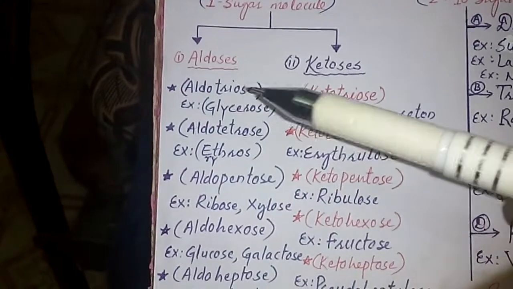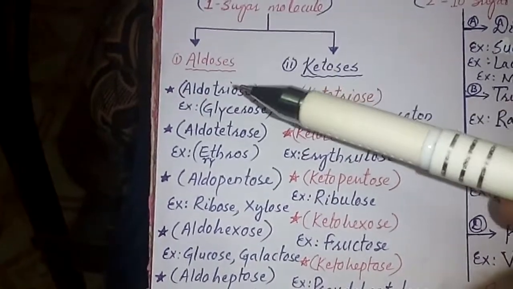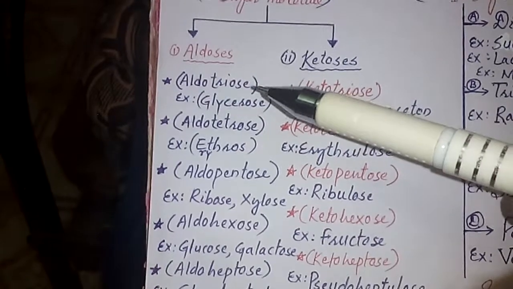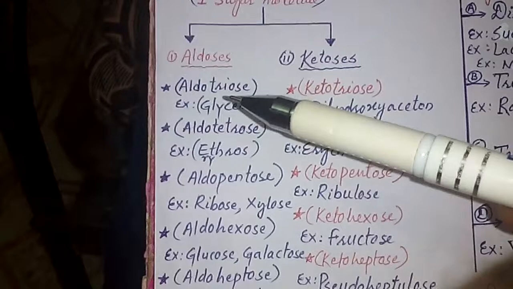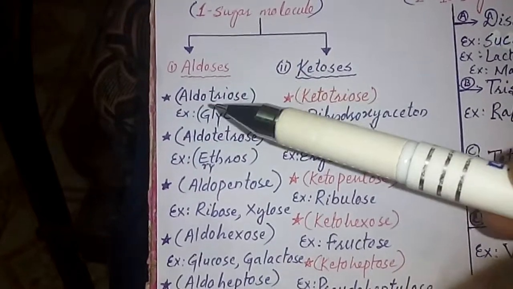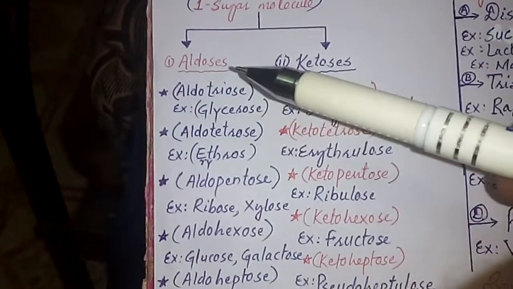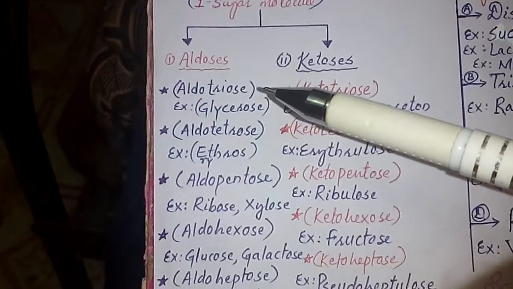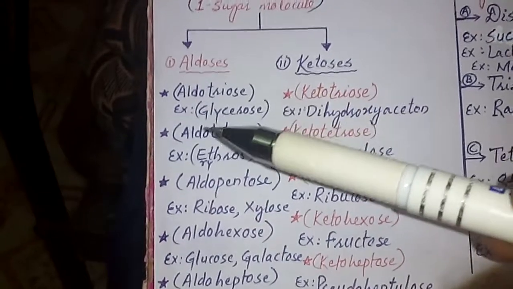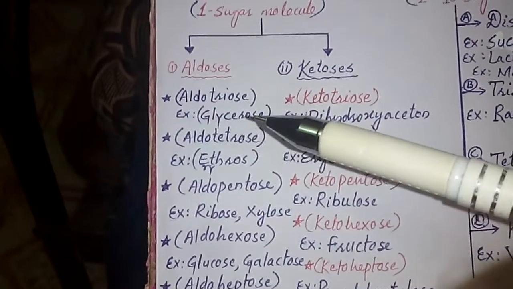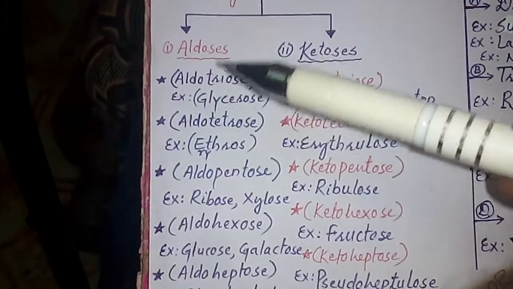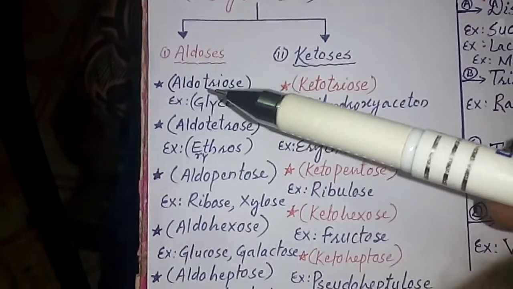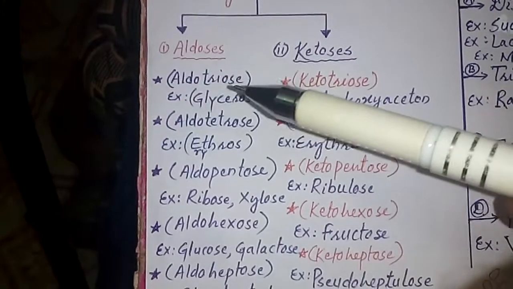The aldoses, which have the aldehyde functional group, are further classified into aldotrioses. Aldotrioses are those type of aldoses which consist of 3 carbon atoms, tri meaning 3. For example, glycerose is the example of aldotriose.